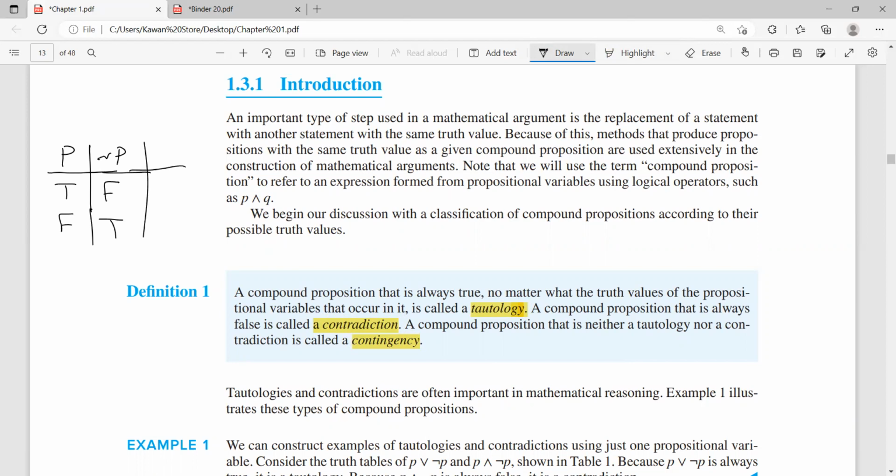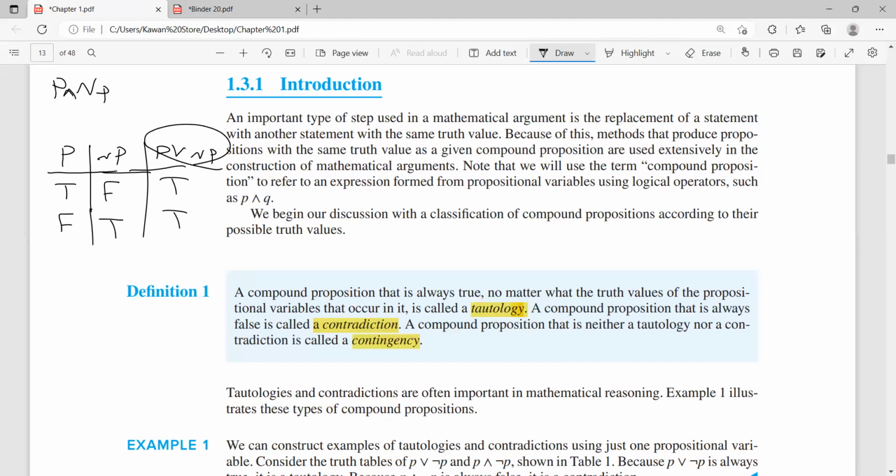Okay. So tell me about P or negation P. True, true, right? So that one is called tautology. Understood, dears?